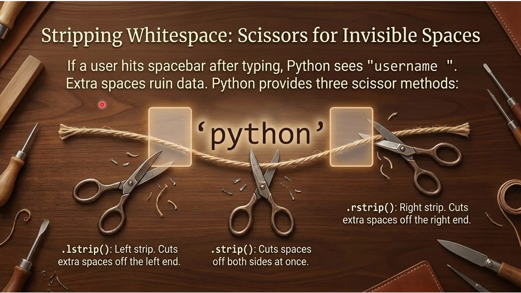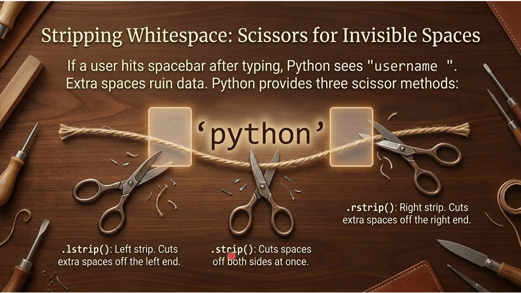Python provides three methods to clean these blank spaces. The first one is lstrip. Lstrip cuts extra spaces off the left end. If you have some extra spaces on the left, it will remove those spaces.